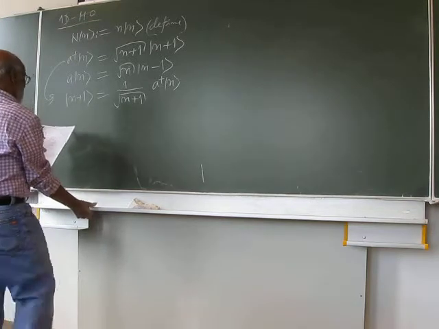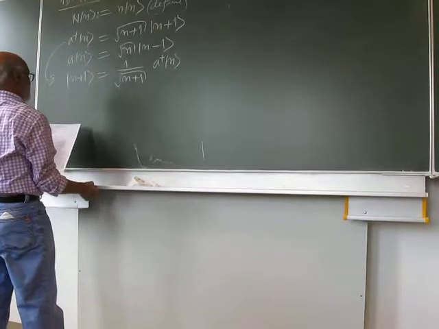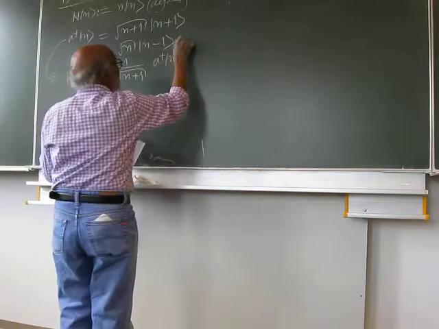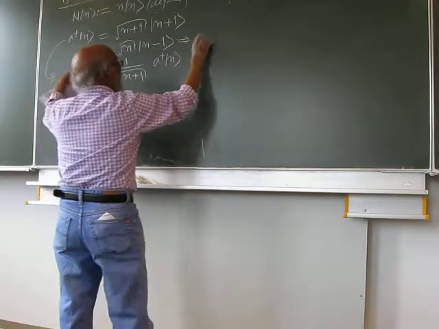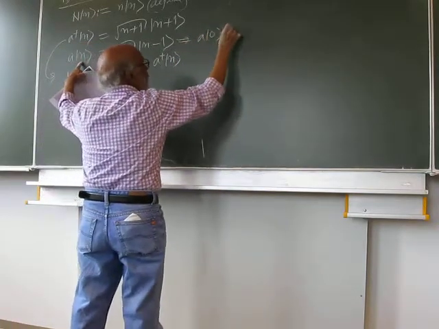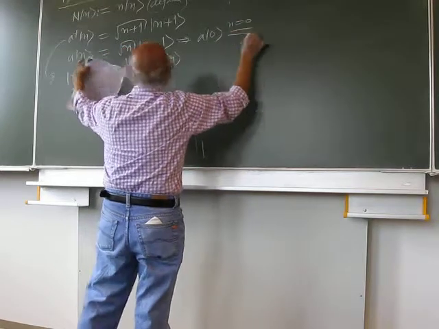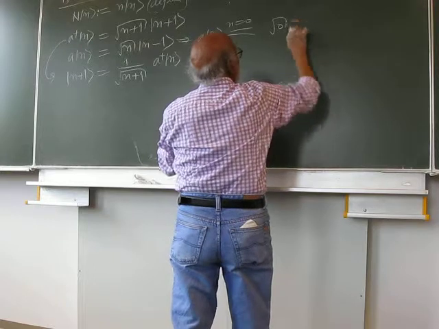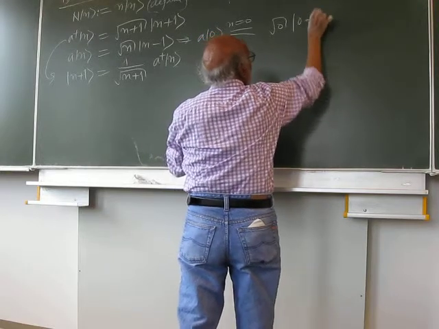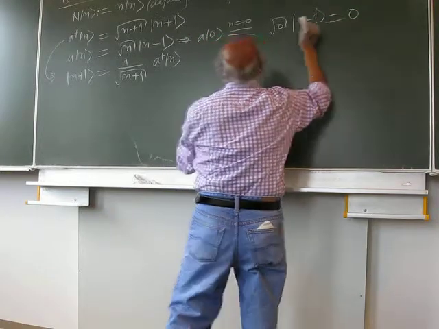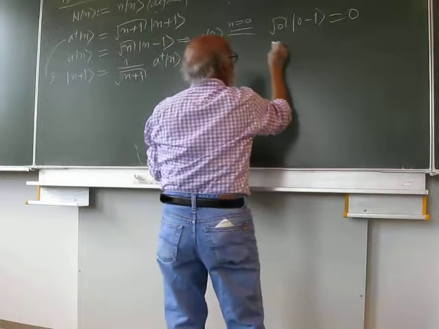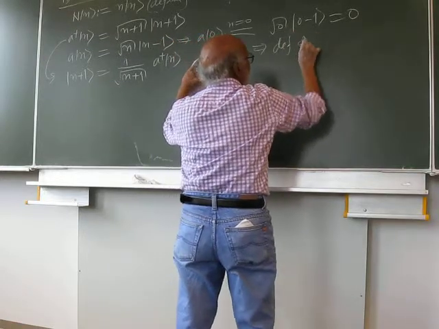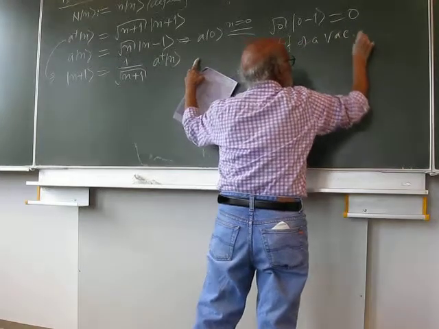And from here, if I put n equal to 0 in the annihilation relation, then this is 0.